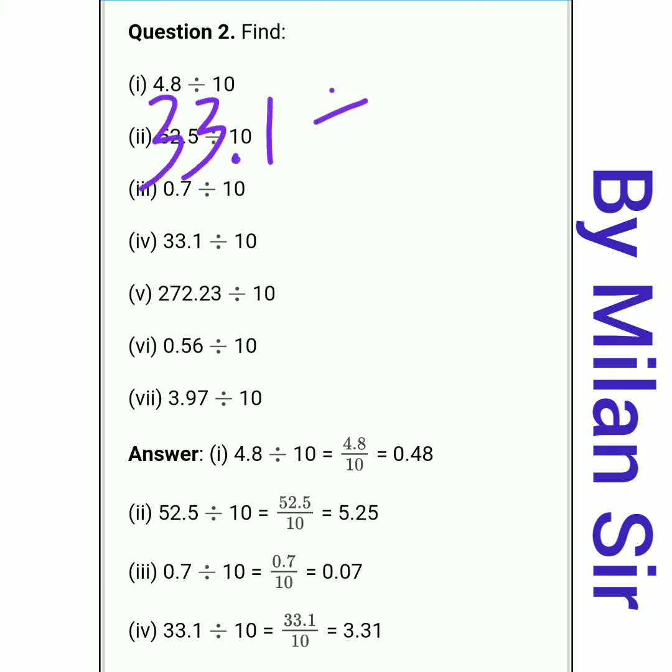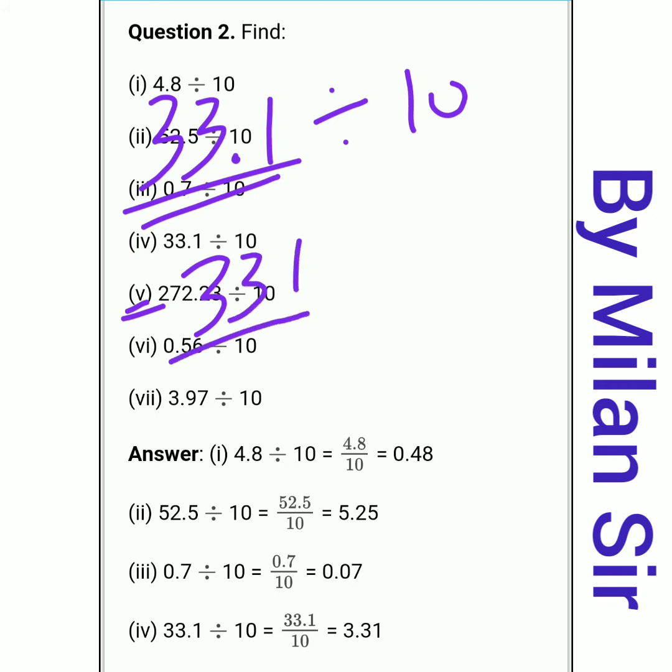Okay, then question number 4: 33.1 divided by 10. First of all, ignore the decimal point, so it becomes 331. Now after the decimal point we have only one digit, so in the denominator we need to write 10. Then we need to convert this division into multiplication, and we need to take the reciprocal of the second number. Here only 10 is there, nothing is present in the denominator, so we can write 1.